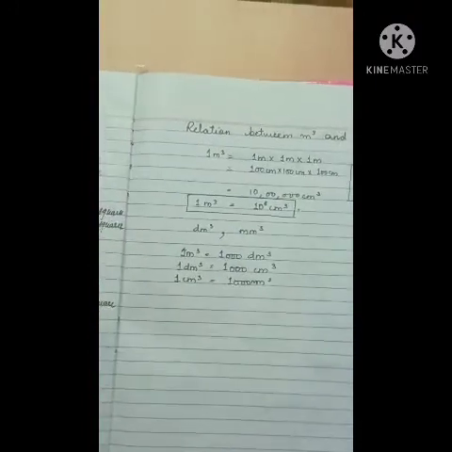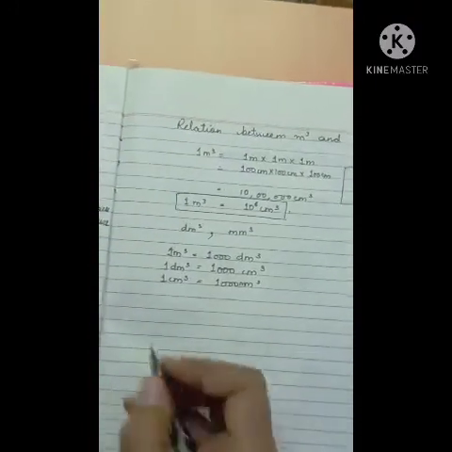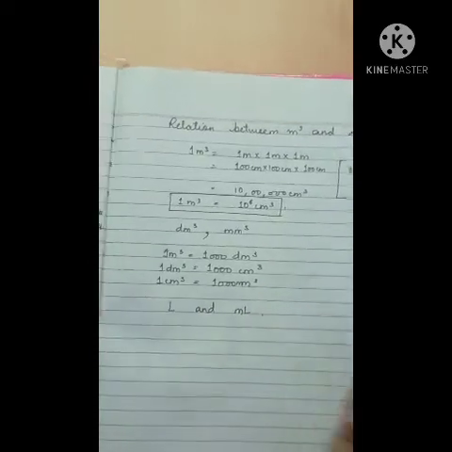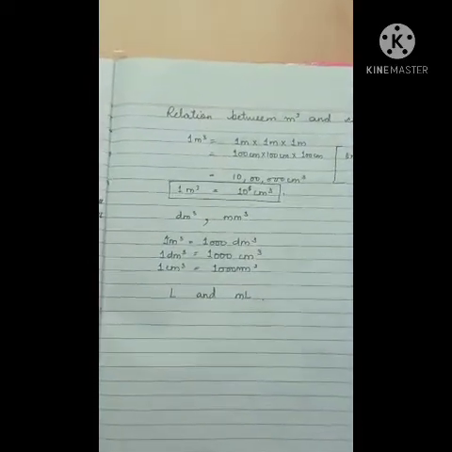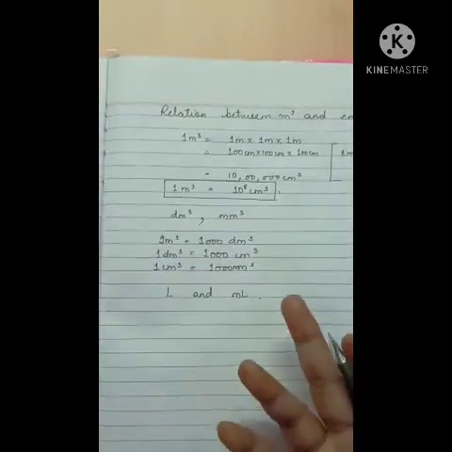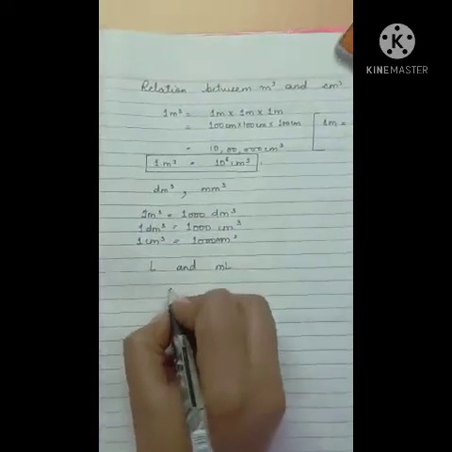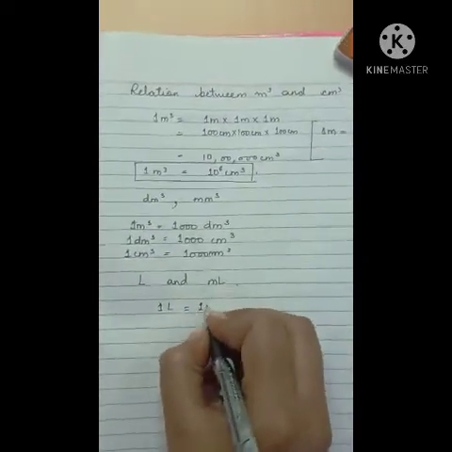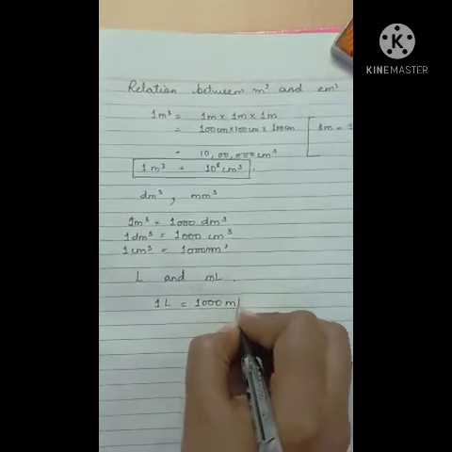The volume of liquid is usually measured in liters and milliliters. Milliliter is a submultiple of liter. So 1 liter is equal to how many milliliters? Yes, 1000 milliliter.